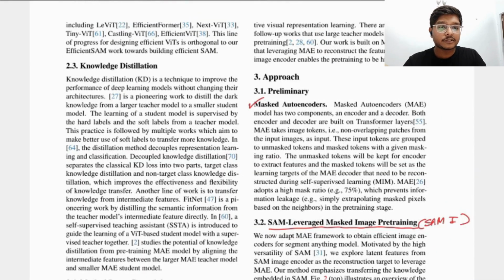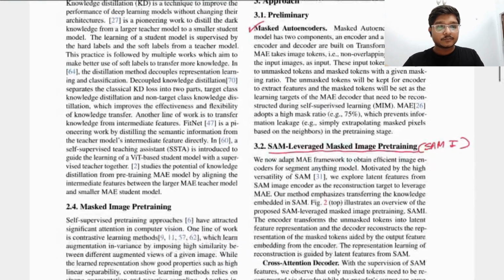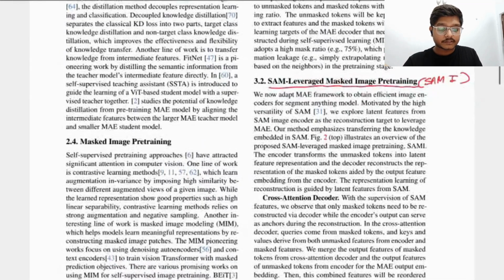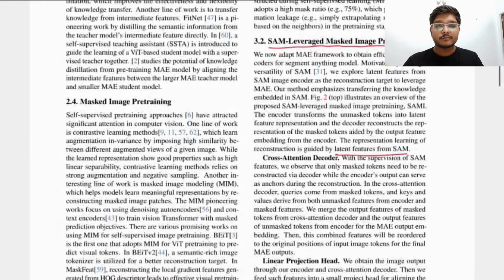Traditional masked autoencoders learn by reconstructing raw pixels, but the authors argue that pixels are a very low-level target and don't capture enough meaning for complex segmentation. Instead, SAMI teaches a small student model to reconstruct the latent features from SAM, and by reconstructing these high-level semantic embeddings, any tiny ViT backbone can inherit the worldview of the segmentation foundation model.